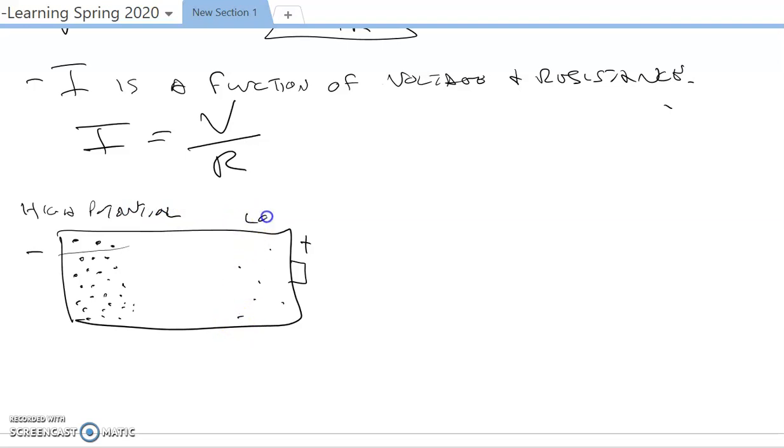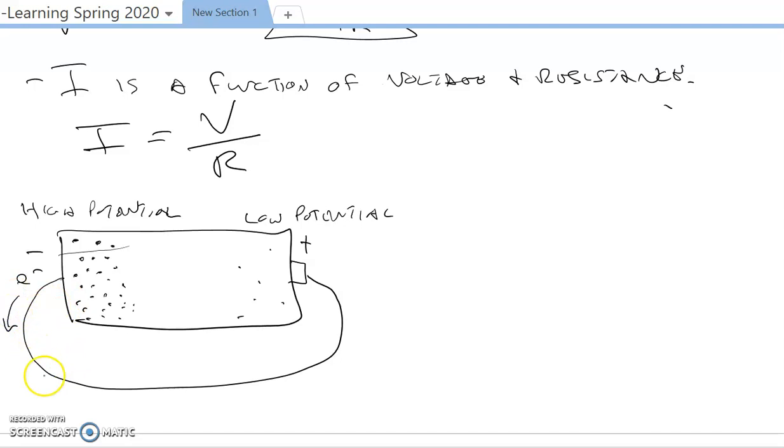And you have a very low potential for being pushed on this end. So if you connect this end to this end with a wire or a conductive path, the electrons will then flow very quickly throughout this until they're evenly spread out.